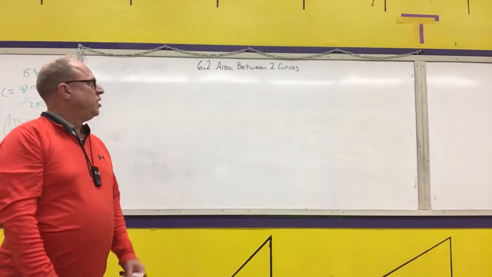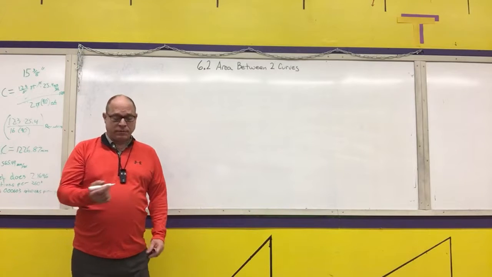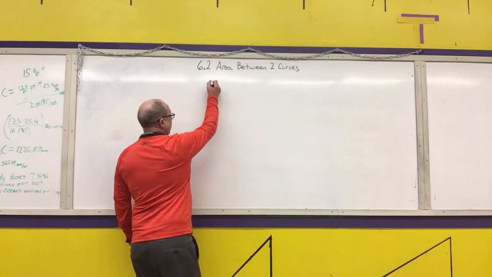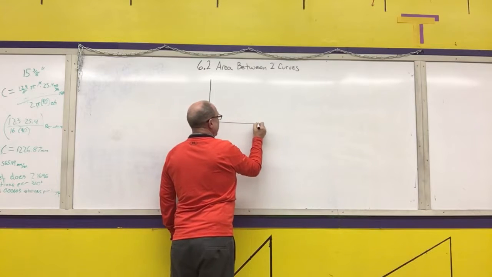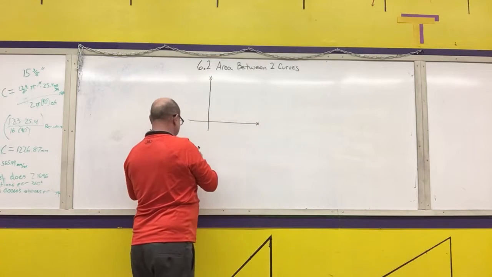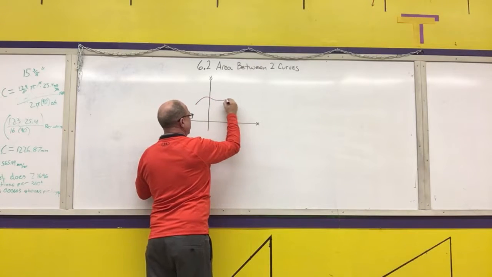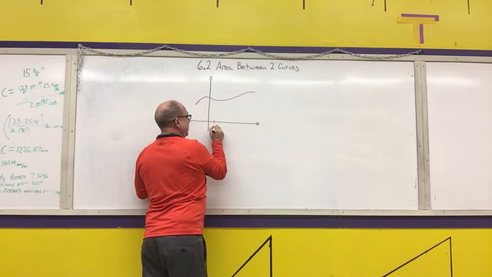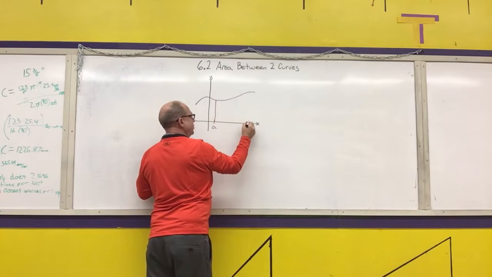So our first section this week is section 6.2, area between two curves. I want to make a reminder that we know how to find the area of a region bounded between A and B of a function.